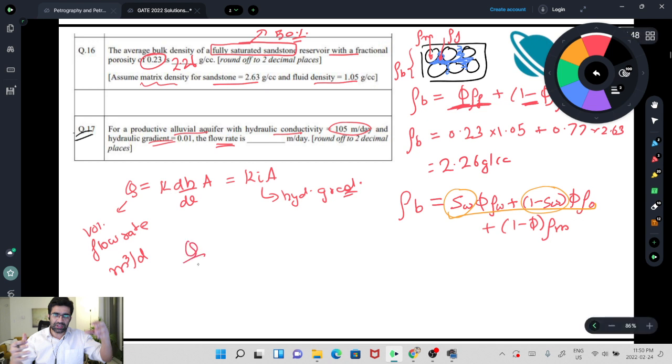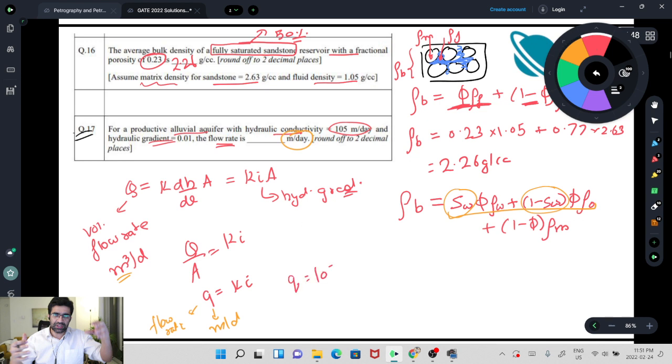But if you divide this Q by A, you get KI. Okay, and this we write as a small q equals KI. So if you divide this meter cube by area, which is meter square, you get this in meter per day, which is given to you here in the answer. So this is called Darcy velocity or just the flow rate. Okay, so what you have to do is calculate q.